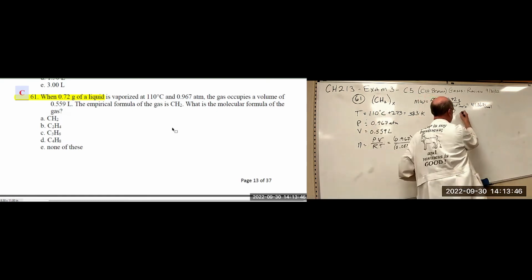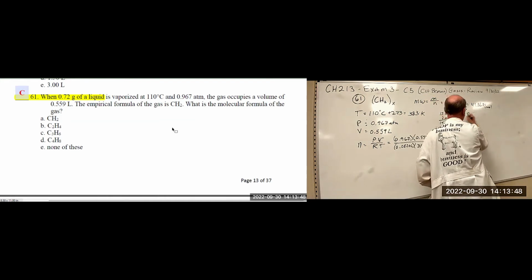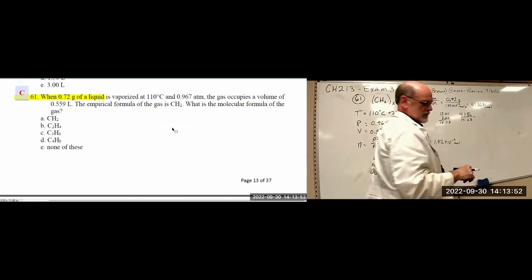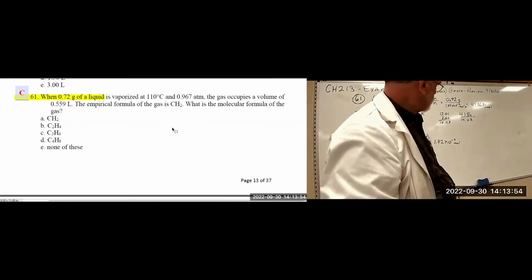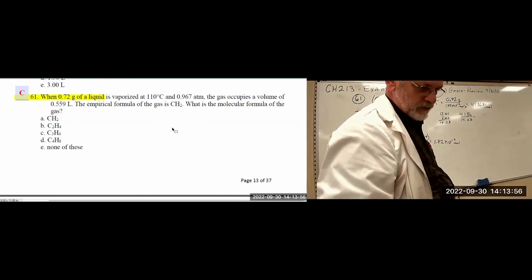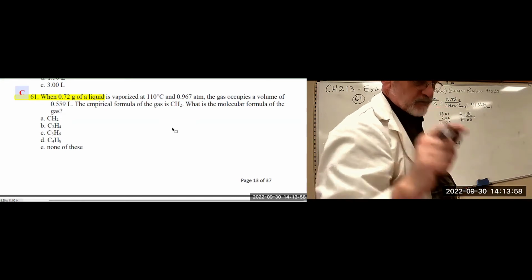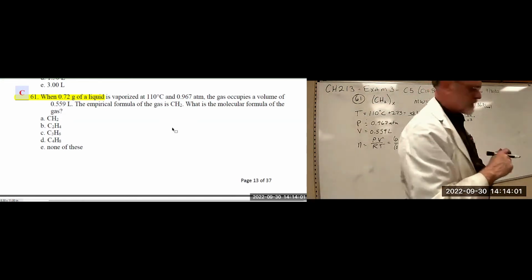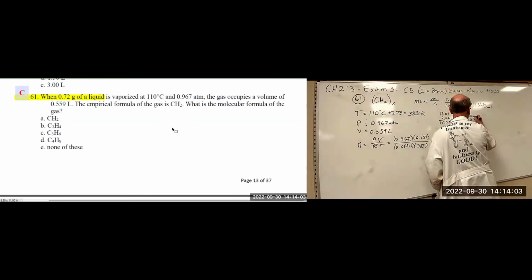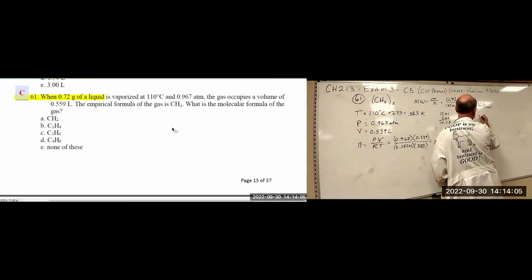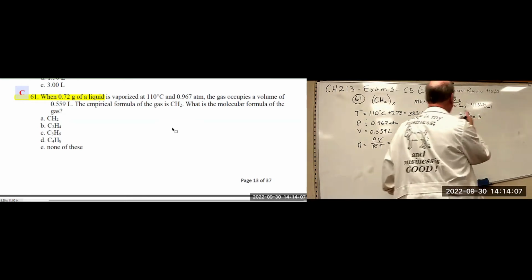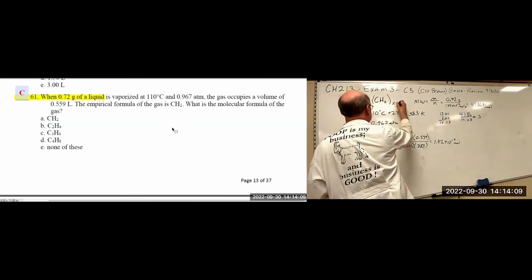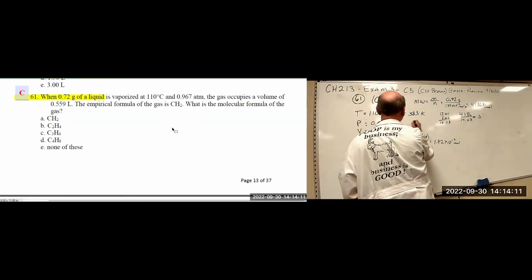So the ratio then would be 41.86 over 14.03. That's approximately 3. Closest whole number is 3. So that's our multiplier. That means we have C3H6.